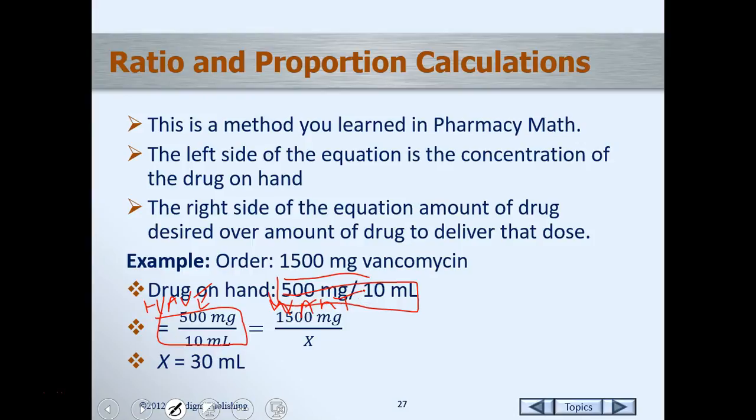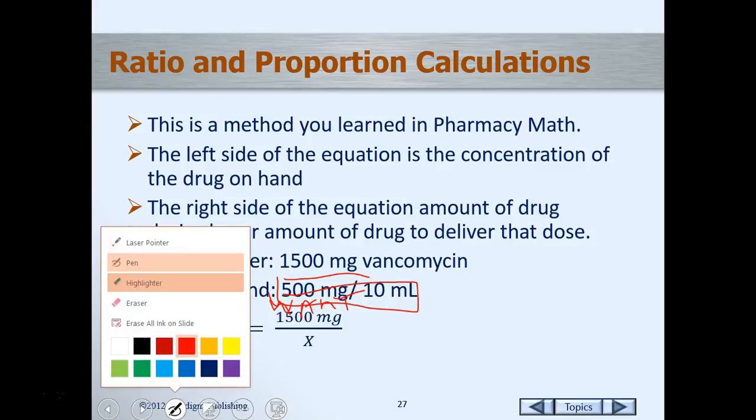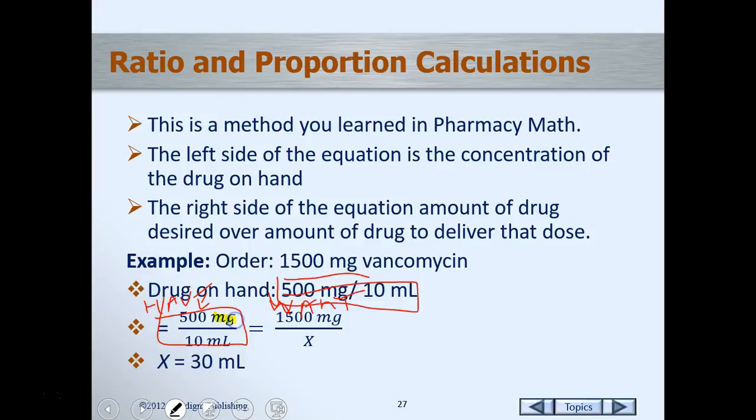So if we have milligrams on top over here, we want milligrams on top over here. Now, this is like a balance beam. We have an equal sign. So whatever's on top on one side has to match on the other so that they're equal. So that tells us that if we have milliliters over here, then our answer will be in milliliters.